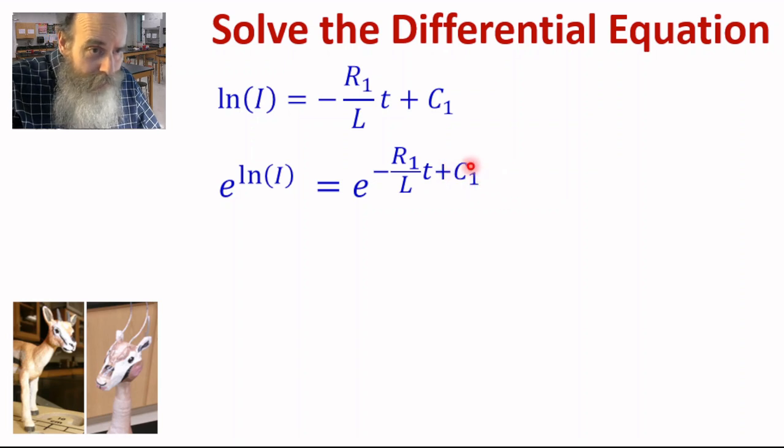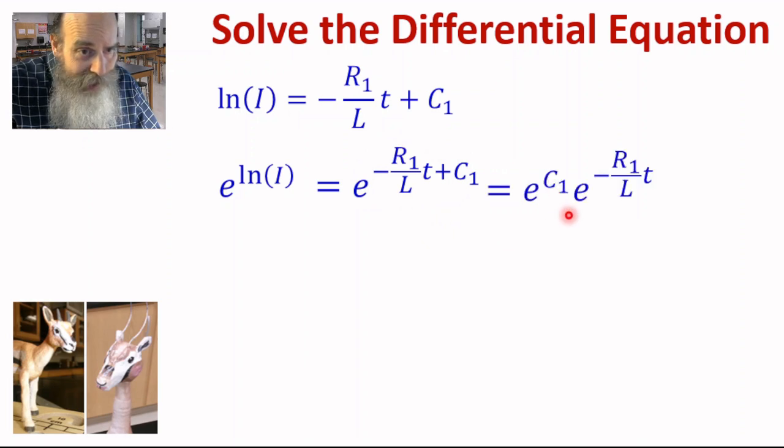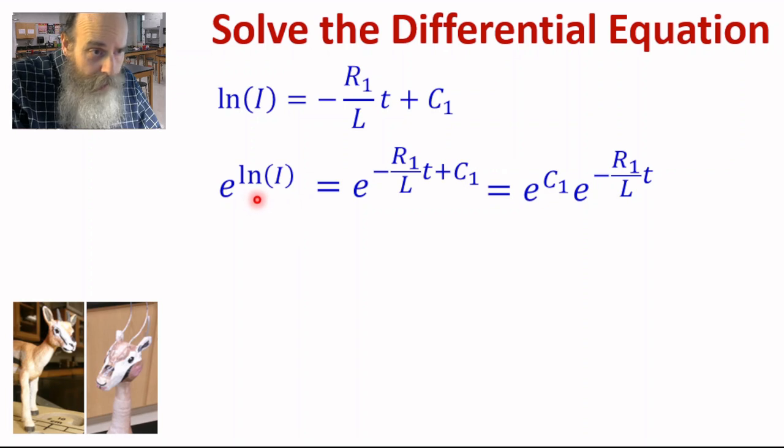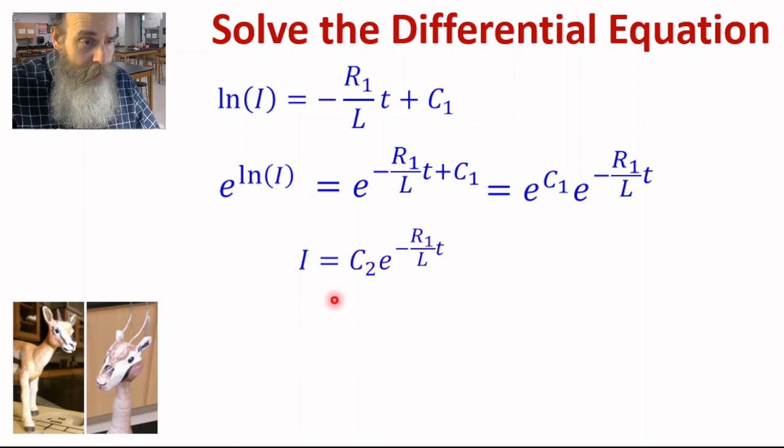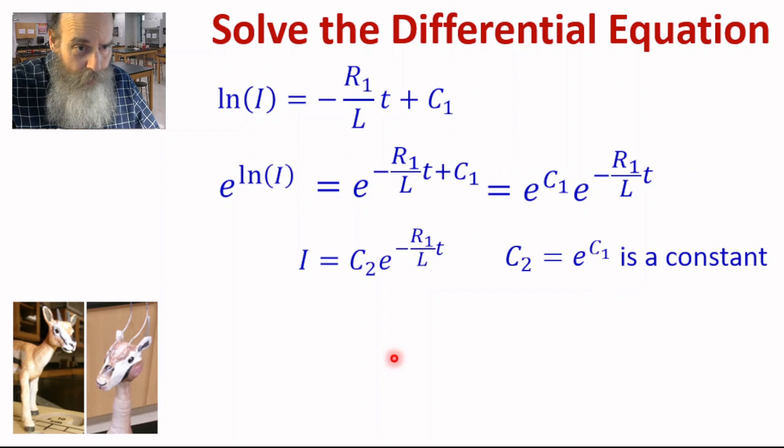I can rewrite this exponential into two factors: e to the C1 times e to the negative R1 over L t. This e to the C1 is just a constant. I'll call it C2. e to the ln I is just I, so we get I equals C2 e to the negative R1 over L times t, where C2 is a constant.